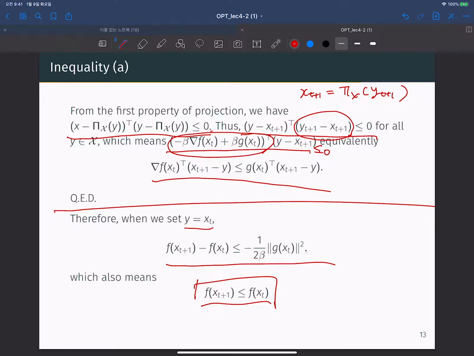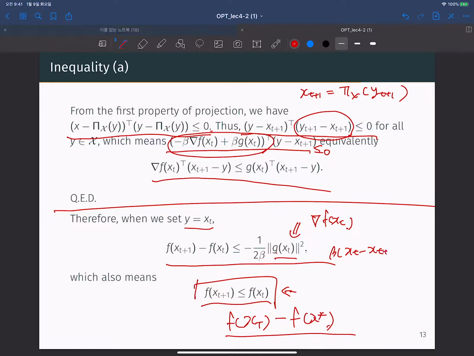So now we can make a result using f(x_T) minus f(x star) instead of f(x bar) minus f(x star). Very interestingly, we just replace the gradient of f(x_t) by the effective gradient G(x_t), where G(x_t) was beta times (x_t minus x_{t+1}).